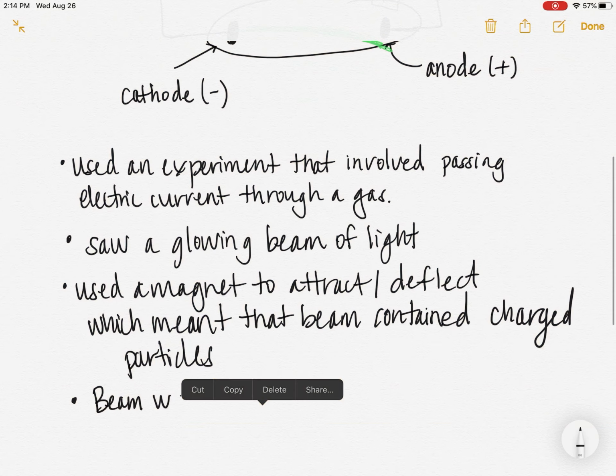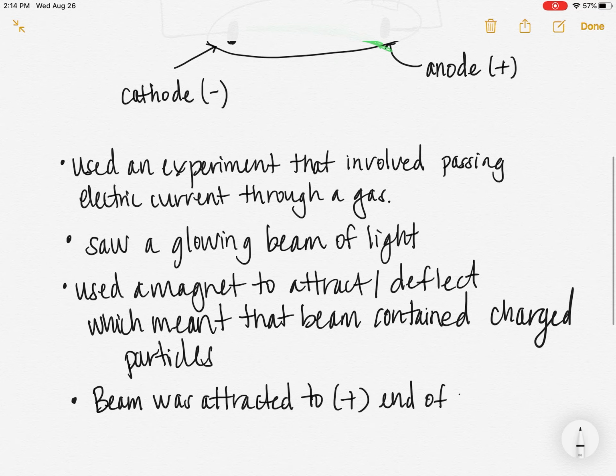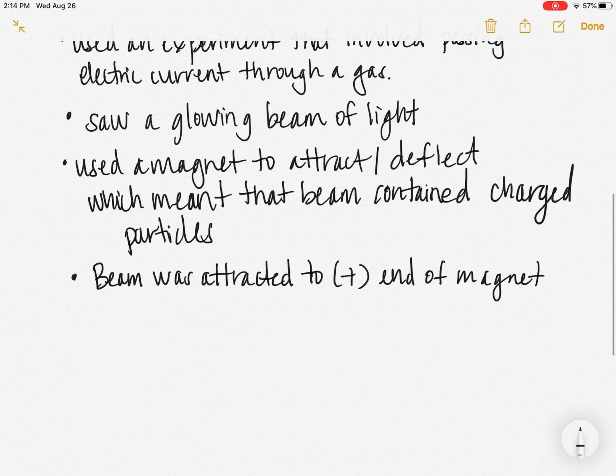And he was able to determine that the beam was attracted to the positive end of the magnet. Which meant, if we know our rules, opposites attract.